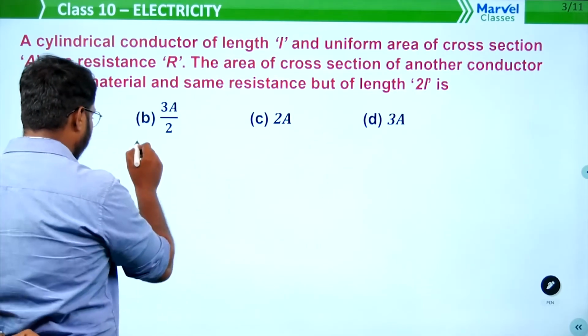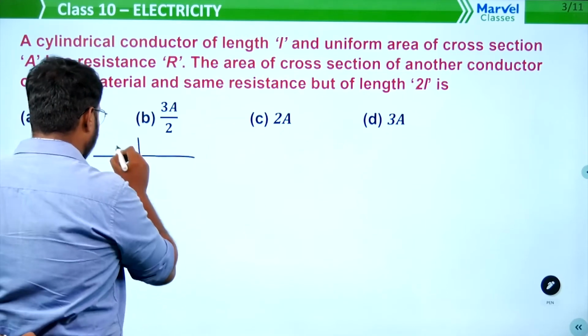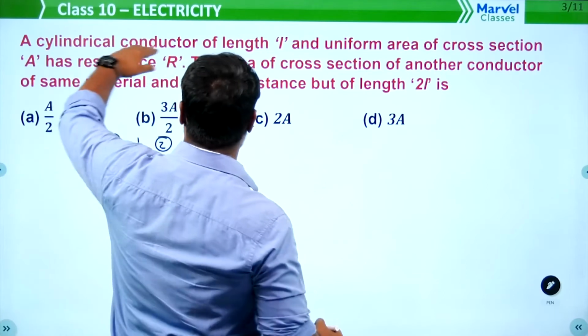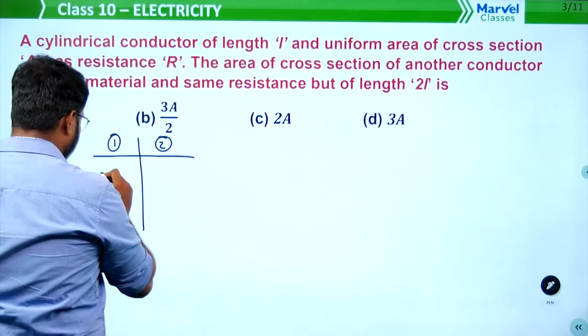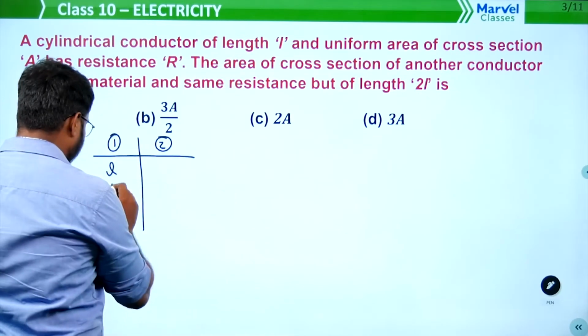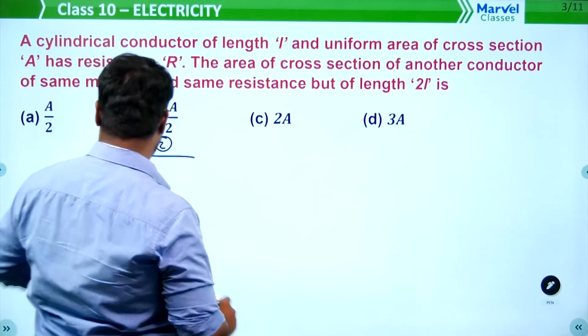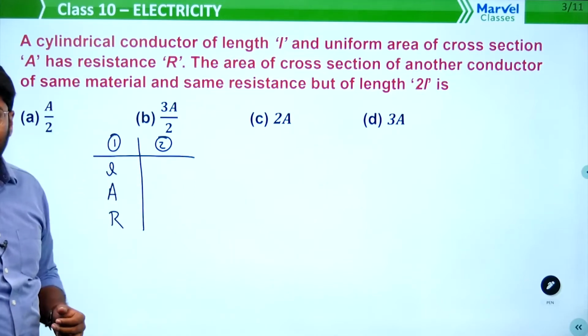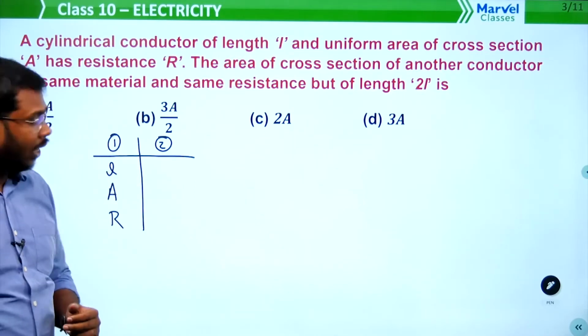See, first one: a cylindrical conductor has a length L and the area of cross section A, okay, and the resistance in that case is R. So these are the quantities that are given for the first conductor.